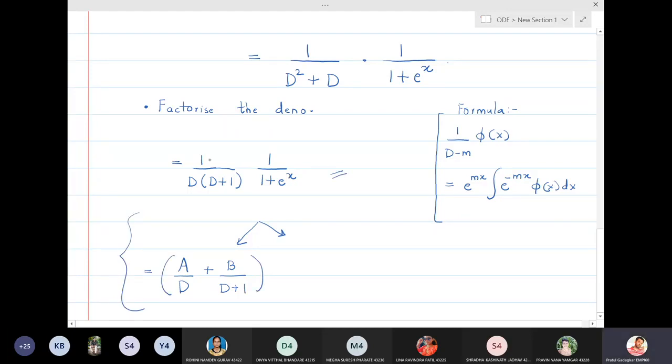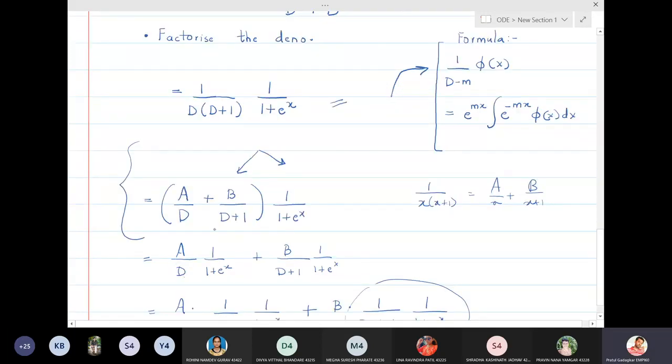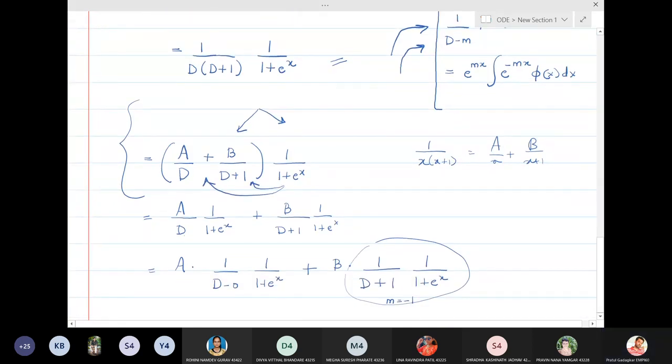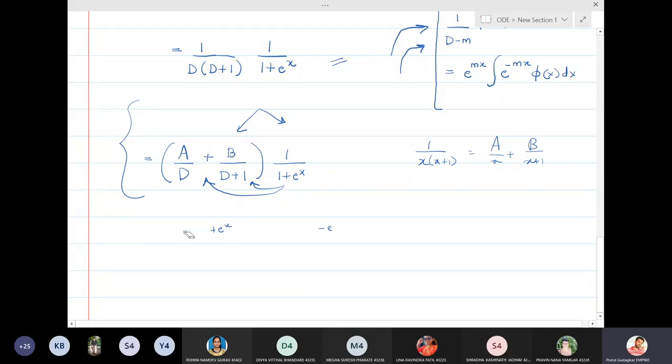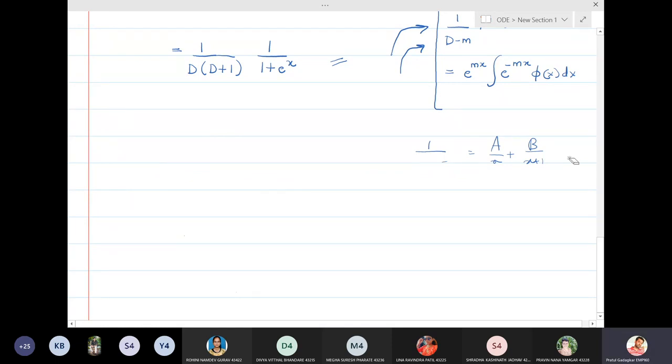You know the partial fraction of 1/(x(x + 1)) is A/x + B/(x + 1), applied to 1/(1 + e^x). Then separate, give this to this one and this to that one, and then use the formula and solve it. This is one technique, but sometimes it may not help you. In that case, what is the other technique? I'm showing you both techniques and then I will tell you which one I'm going to use.